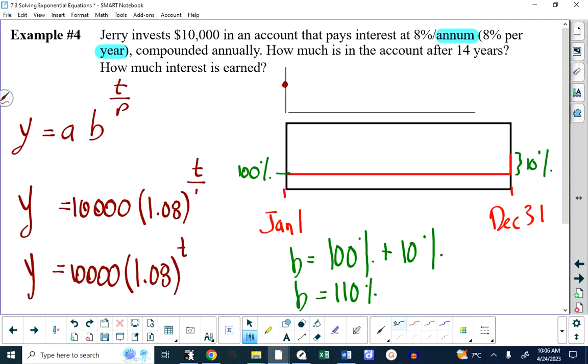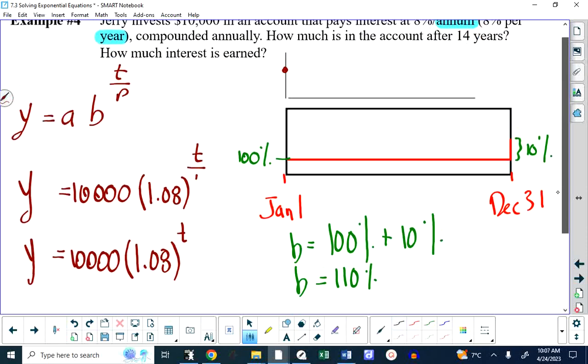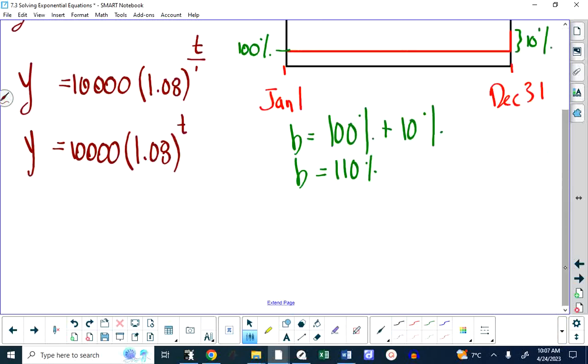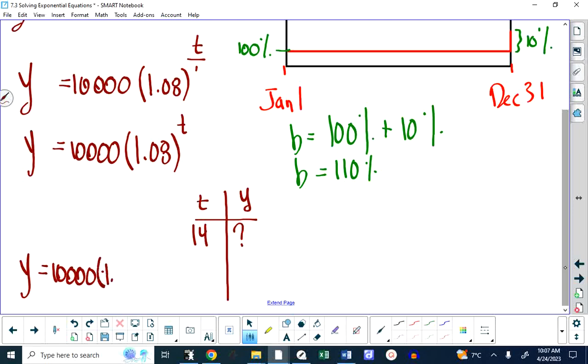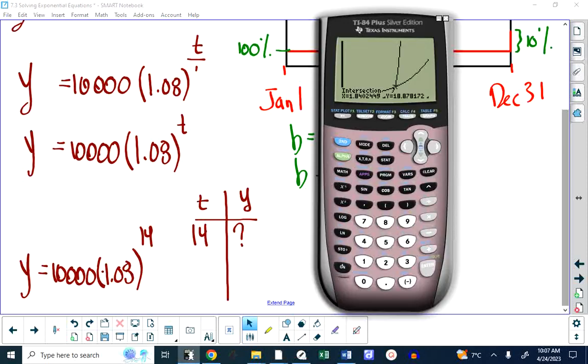That's it. So how are we going to find out how much money is in the account after 14 years? We're going to put 14 in for T. That's all we need to do. So 10,000 multiplied by 1.08, it was 8%, wasn't it?